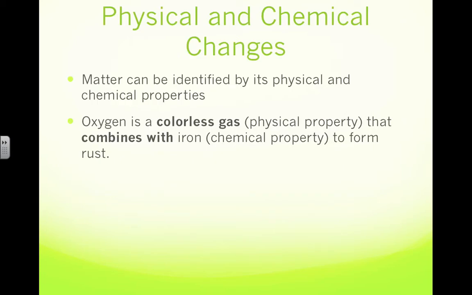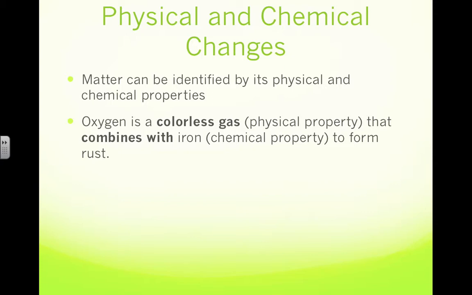So when we look at physical and chemical properties, or as we're going to move into physical and chemical changes, we need to understand what physical properties are and what chemical properties are. Matter can be identified by both its physical and chemical properties. And remember, matter is anything that has mass and takes up space.